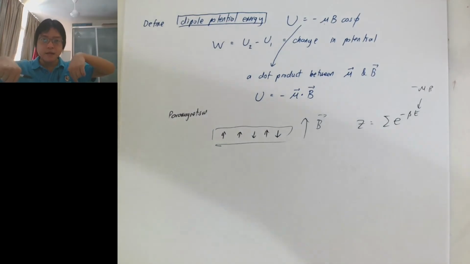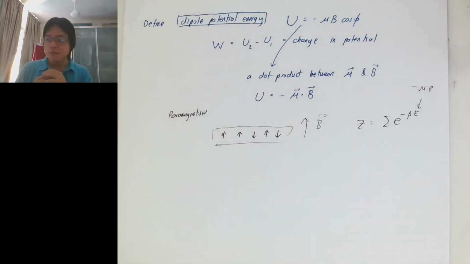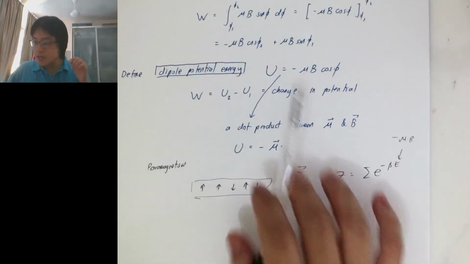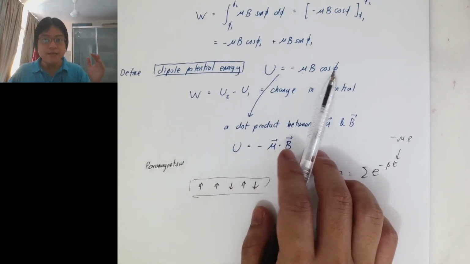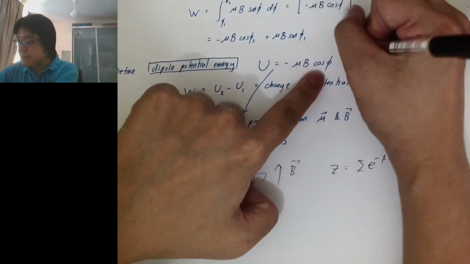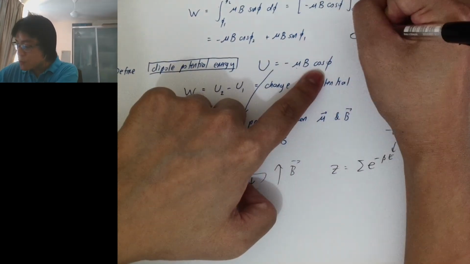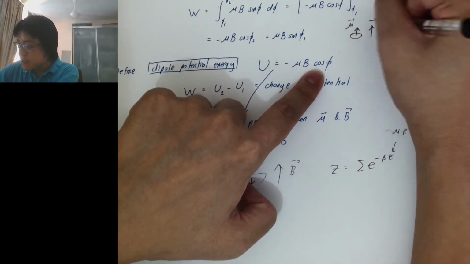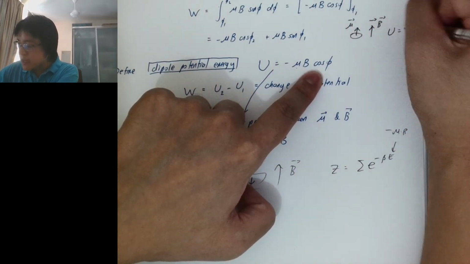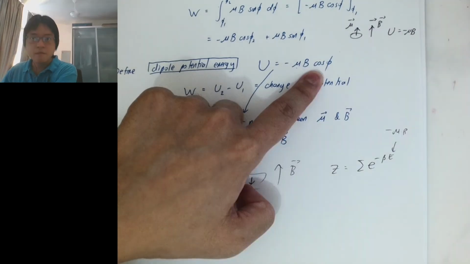Pointing the other direction will be maximizing the potential energy. So you see, U is equal to negative mu B cos phi. So if phi is 0, that means if my loop is pointing the same direction as my magnetic field, my potential energy is just negative mu B, right?